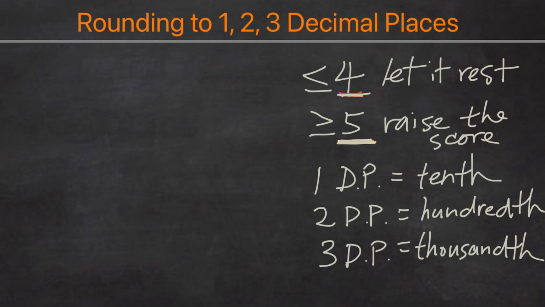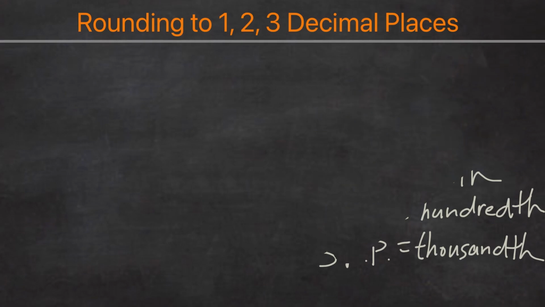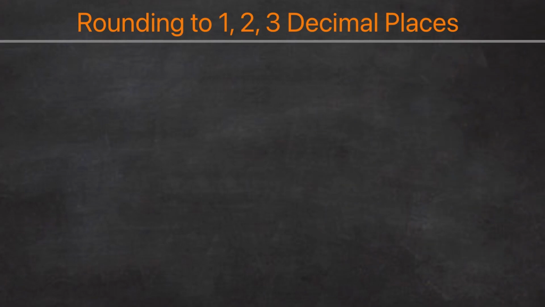And know that 1 decimal place is rounding to the 10th place, 2 decimal places to the 100th place, and 3 decimal places to the 1000th place. Now I'm going to go ahead and erase. This quiz is going to consist of 3 different questions, rounding to 1 place, 2 places, and 3 places.